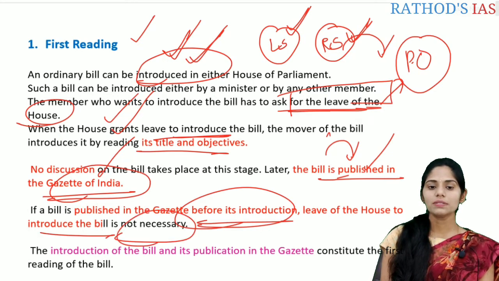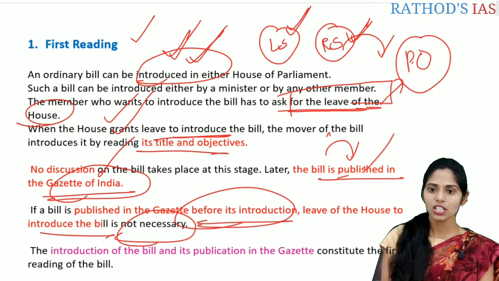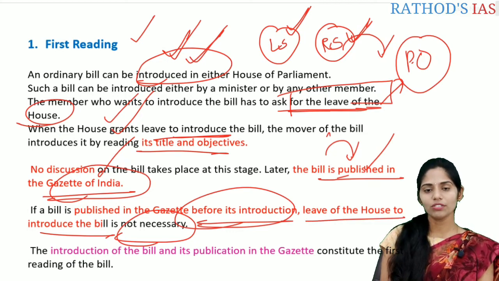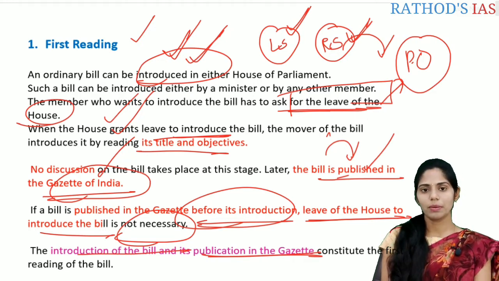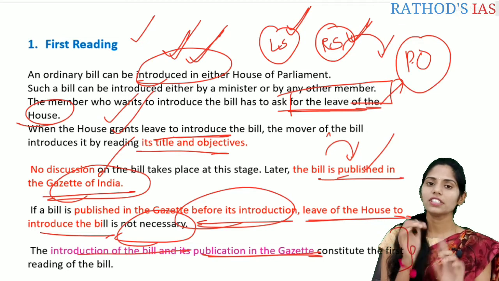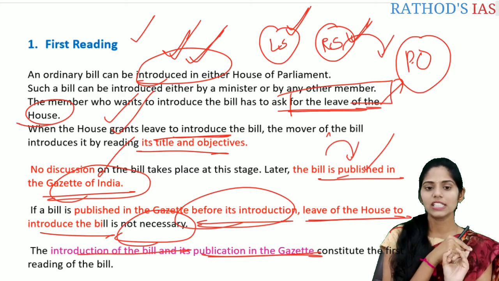So whenever a bill is published in the Gazette even before the introduction in the house, no leave of the house will be given. And the introduction of the bill and its publication in the Gazette constitute the first reading of the bill. So these are some important things that you should remember. So in the first reading, the first one is the introduction of the bill and it will be published in the Gazette.